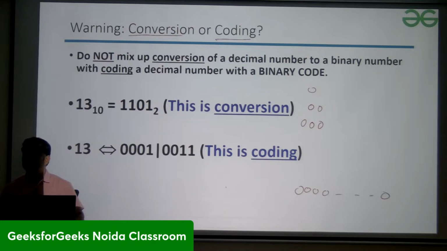But if it is defined in coding, let's say in BCD, it is always represented as four 0 bits. There is no other way. If it is BCD, then 0 is represented by 4 consecutive 0 bits. So you can easily and uniquely decode that particular value.